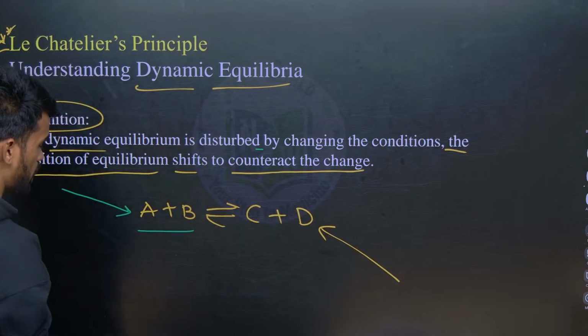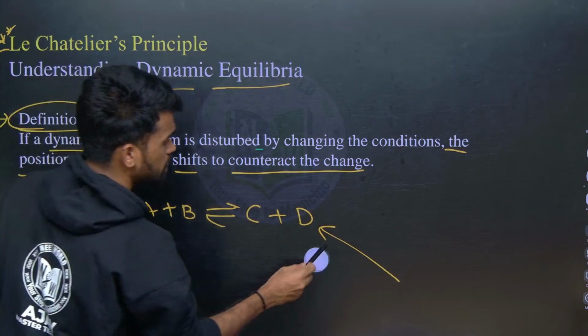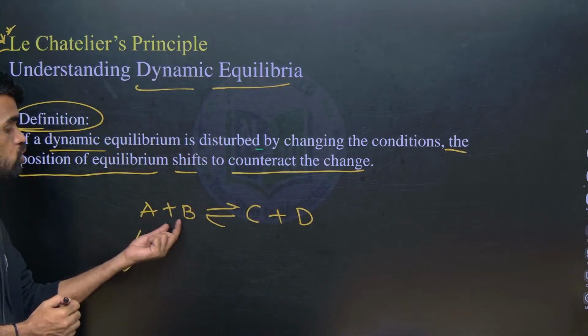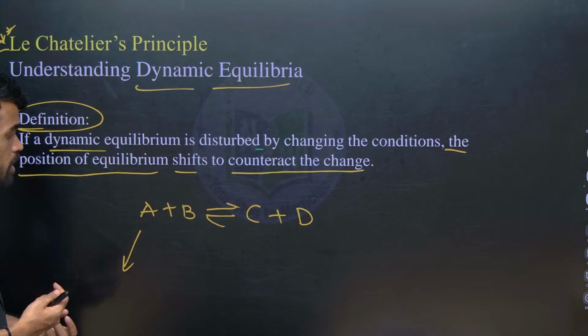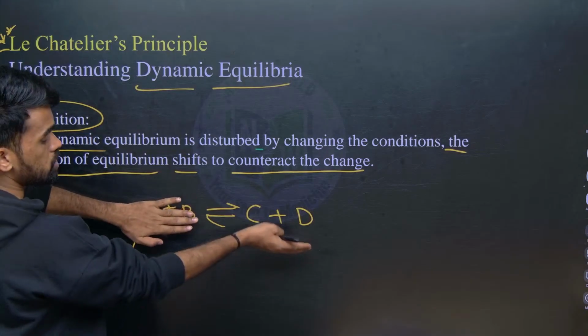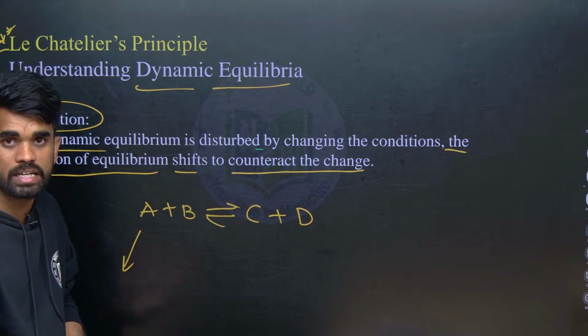Now one more thing I am asking: if the concentration of reactants is reduced, what happens? If this is decreased, it means the concentration here is more, therefore the equilibrium is again getting disturbed, right?